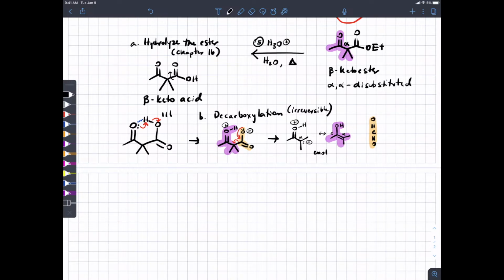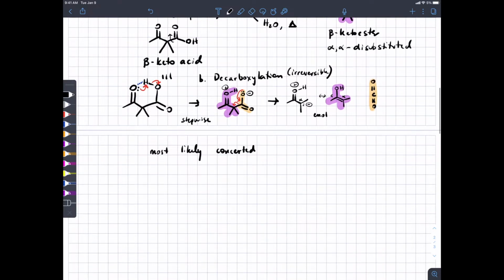So I've shown this to you stepwise. In reality, it's most likely concerted. And I'll allow you to draw the mechanism either stepwise or concerted. I don't care. But what your text will show is lone pair electrons on the oxygen attack the proton.